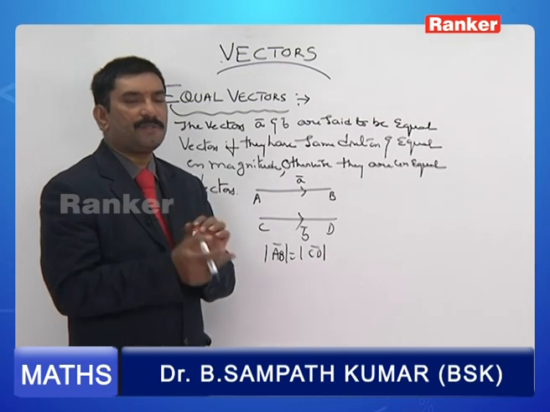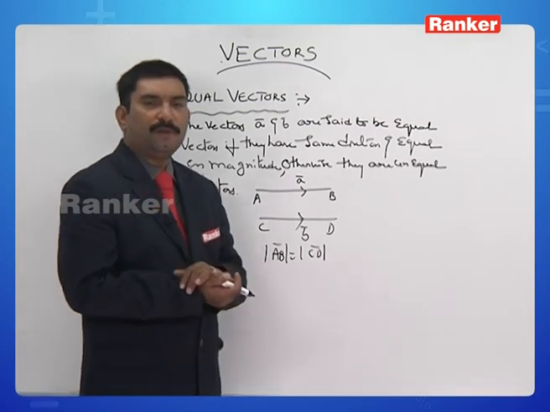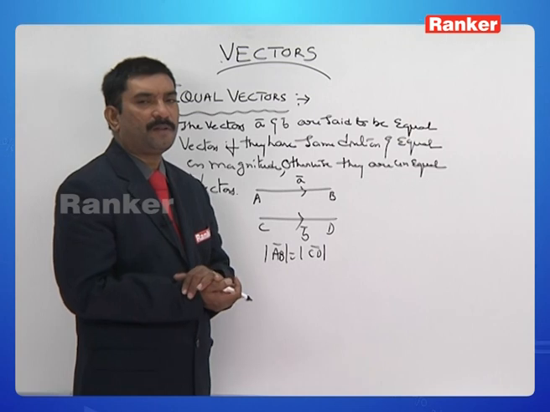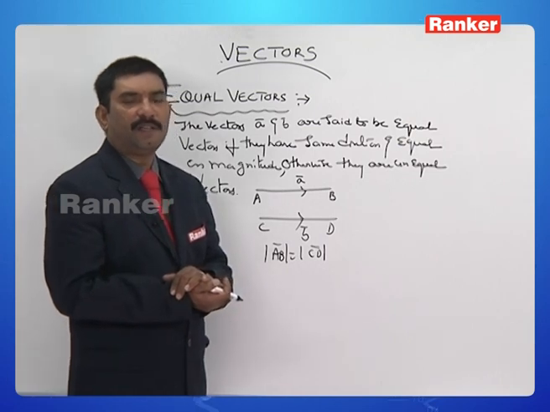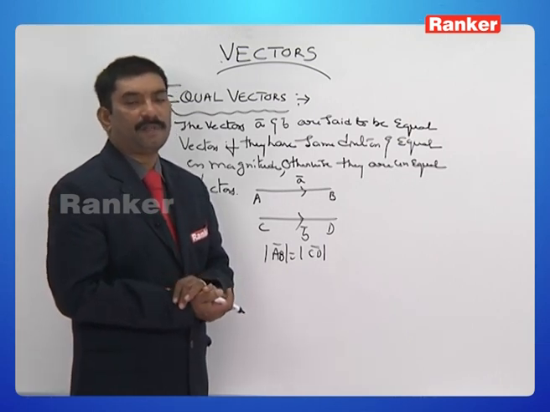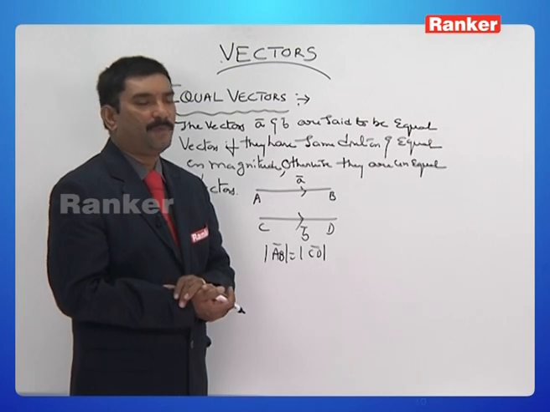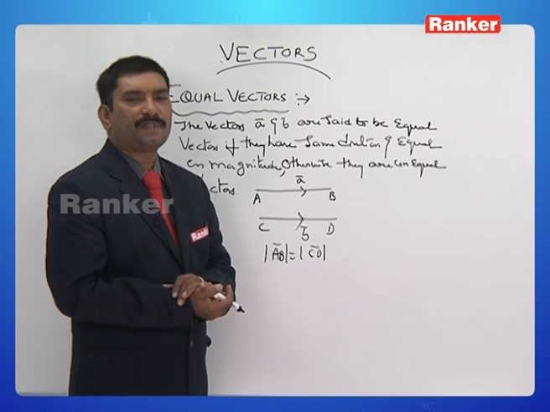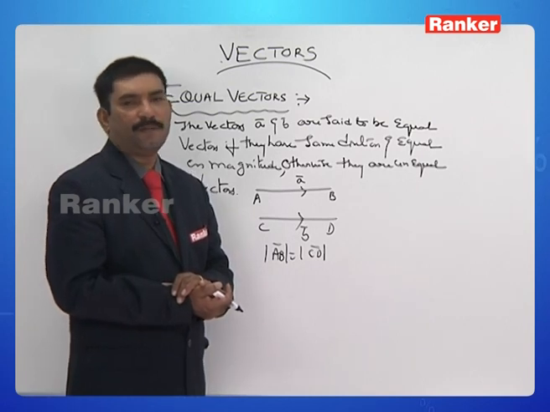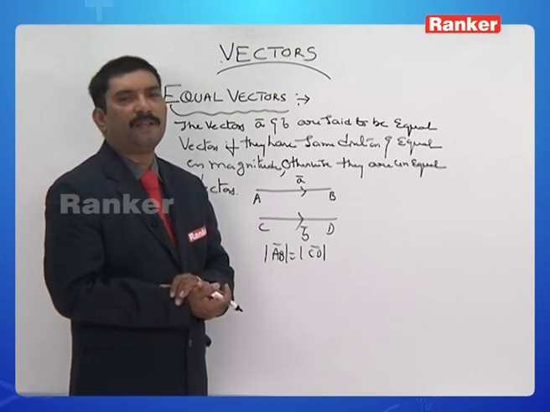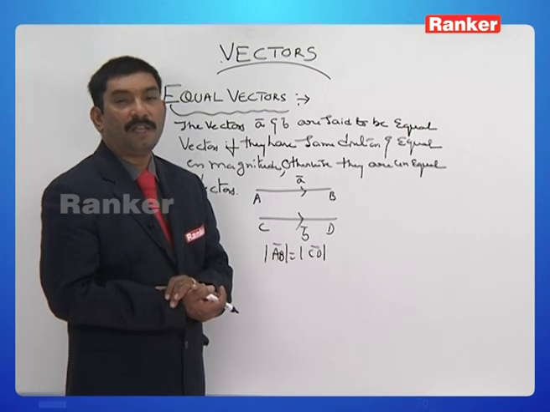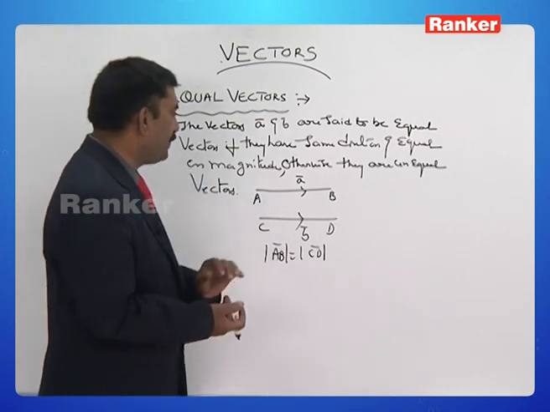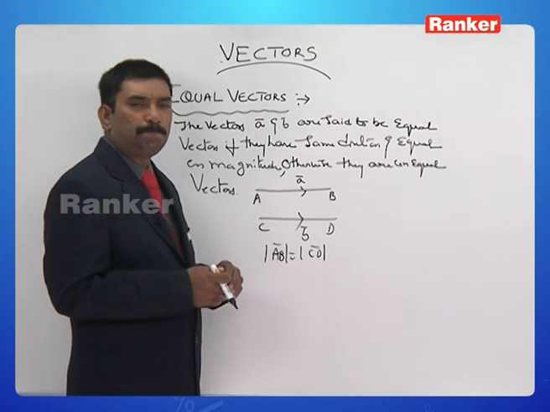Then we come across a scalar, which is also a physical quantity having only magnitude but no direction, and every scalar is denoted by just a real number.